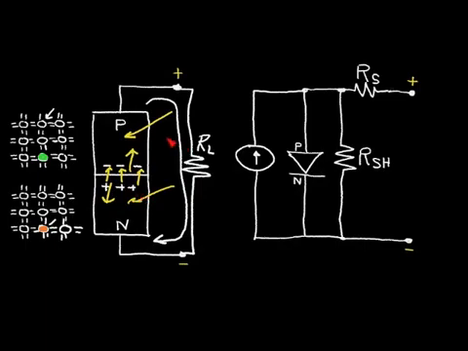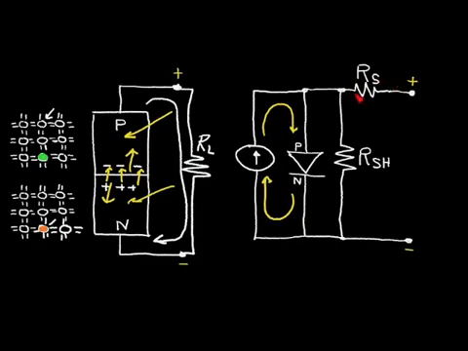Now when light hits this solar cell, we model that by current, which is this current source here. And as the light increases, more and more current flows into this path. Now we have some parasitic resistors.